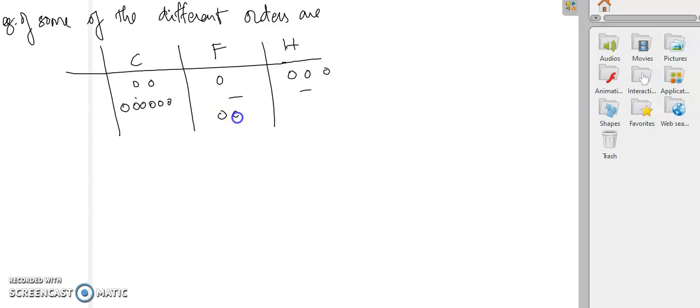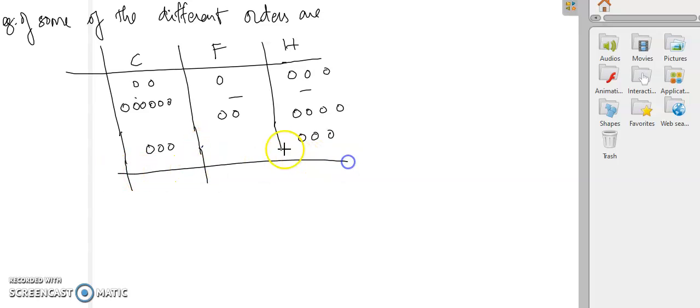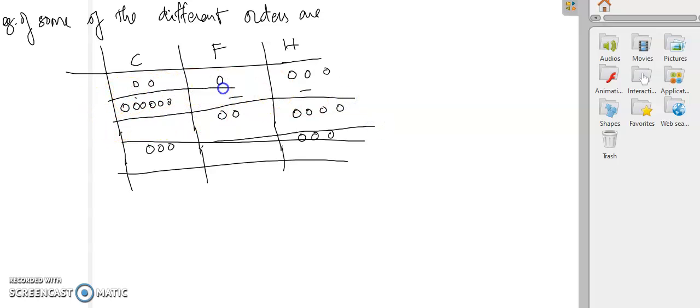Then 2 can be from this and 4 from this. And I can have 3 from here and 3 from here. Then you can have 2 here, 2 here, 2 here.